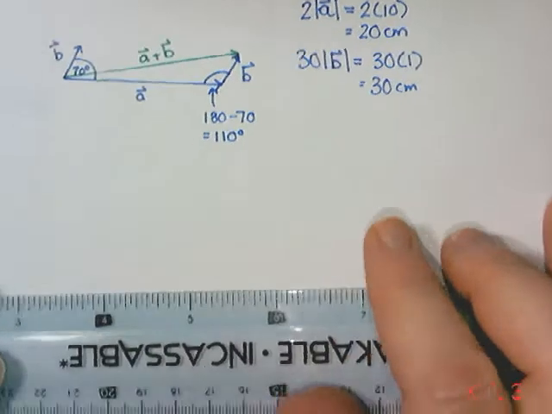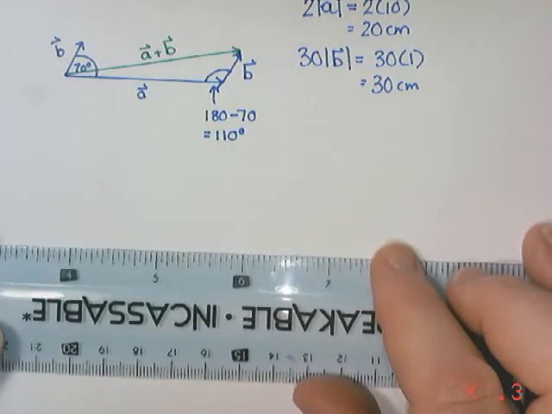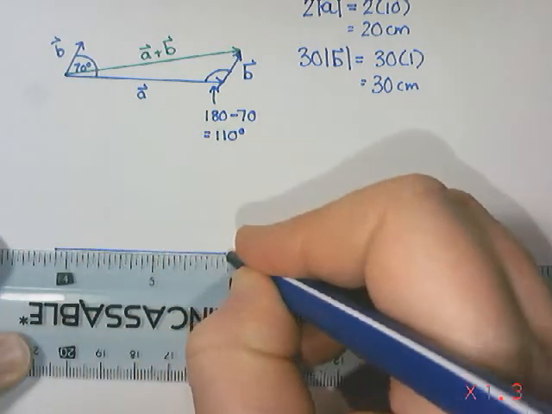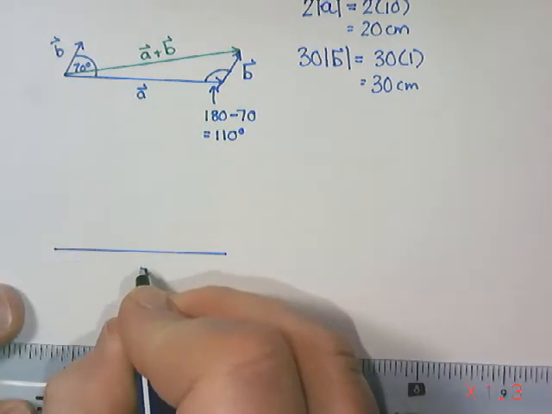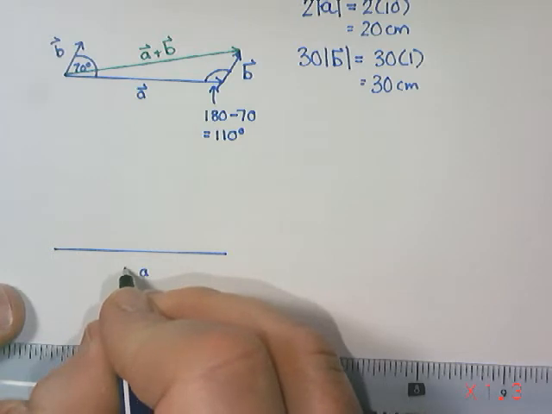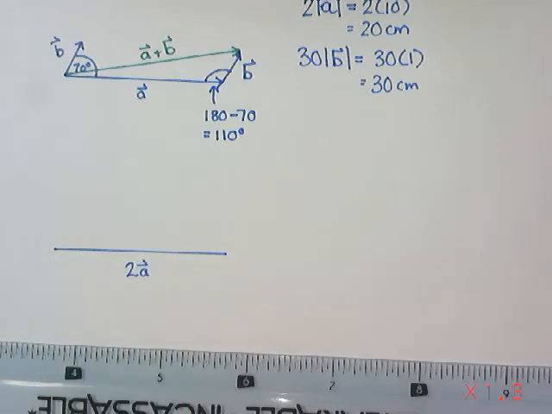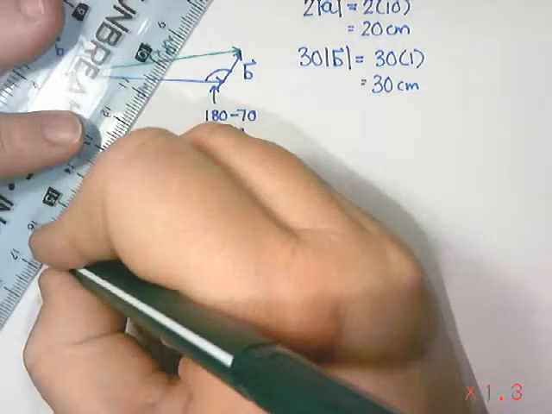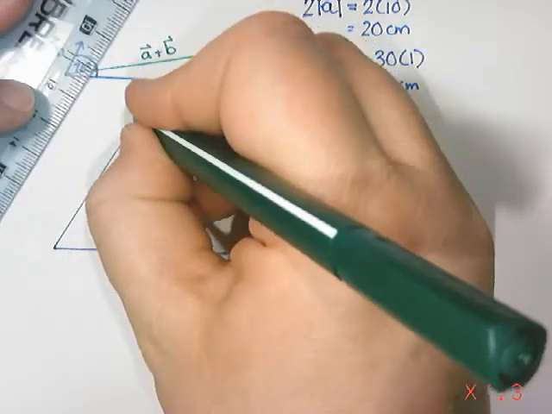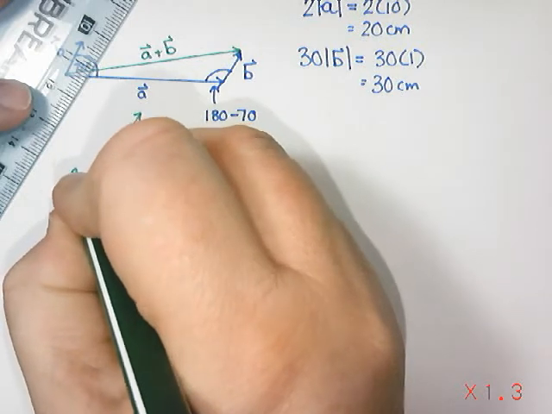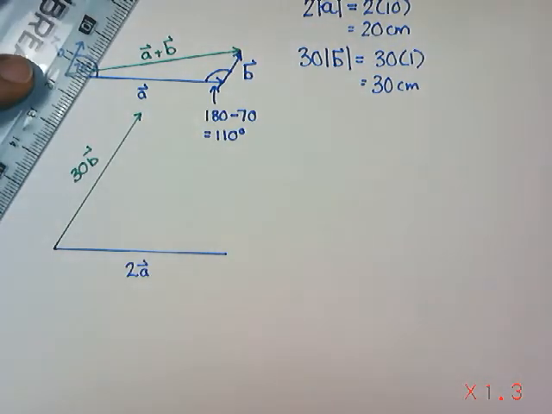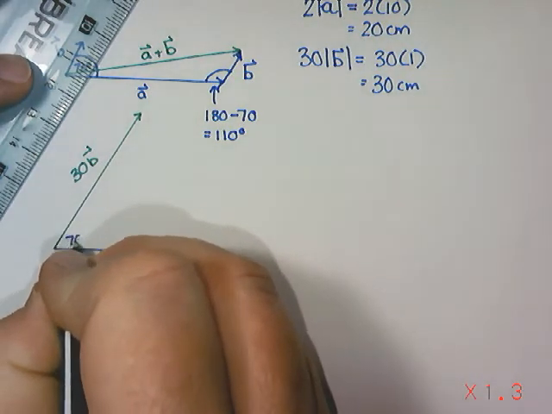That's why we have lots of space here. So I'm going to draw A. Now this time A is not longer, it's the shorter side. So here's my A. But we're not just doing A, we're doing 2A. And then roughly 70 degrees. There's my B, but it's not just B, it is 30B. And this is still 70 degrees.